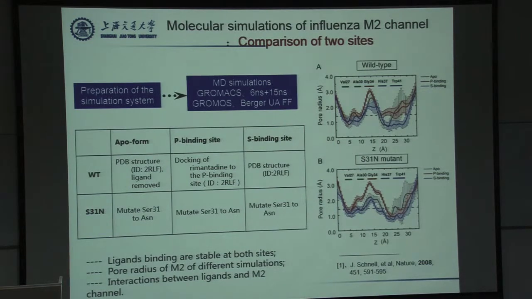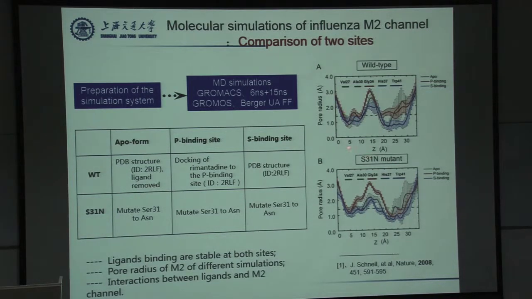So we did a molecular dynamics simulation for this M2 protein. Very standard technique using the Gromos force field and also umbrella sampling, because with regular dynamics, it takes a long time to converge.